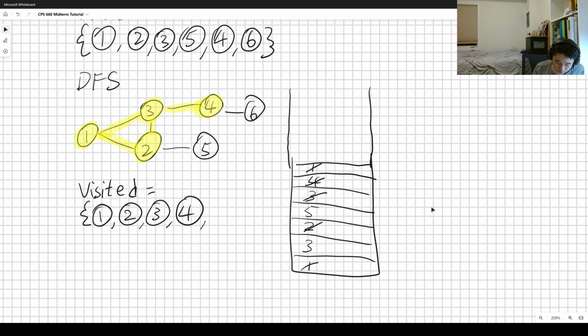So 4 will also add 6. We're going as steep of a chain as possible. So now we're going to go and get 6. So 6 gets visited, and 6 will add nothing.